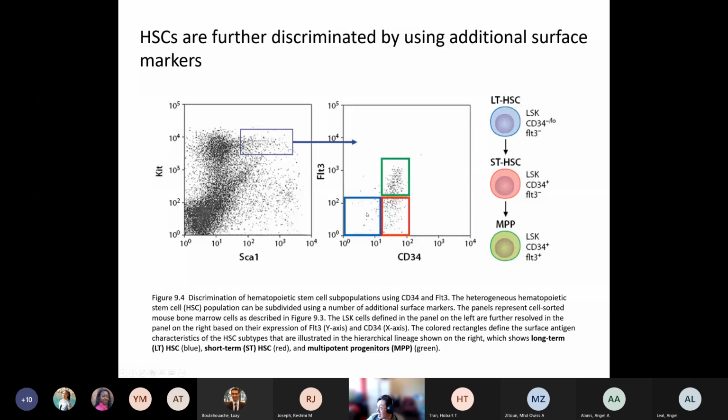And then the cells in the red box, of course you start with LSK cells, but now the cells should be CD34 positive, but FLT3 negative. That's the cells in the red box. I'm just trying to read the plot. And what's in the green box are FLT3 and CD34 double positive cells. That's how you read that plot.